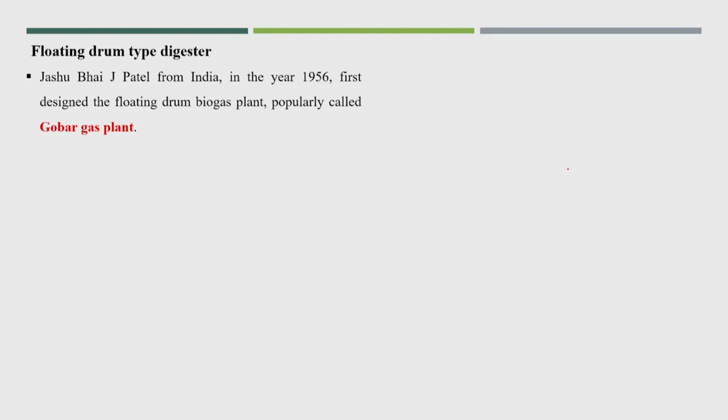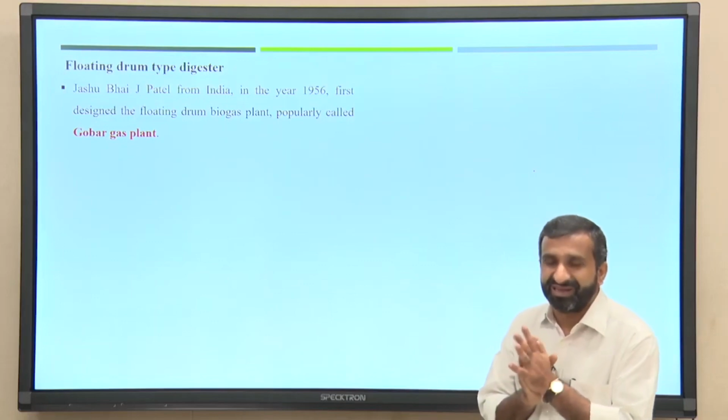In India, the first time Jashu Bhai Patel, I think you need not remember that, but it's a long back, this person in the year 1956 first designed the floating drum biogas plant, and that is popularly called a Gobar gas plant. Okay, that was the floating type.